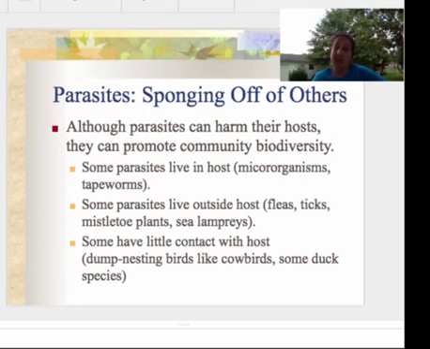Lastly, you have parasites. This is where they're going to be sponging off each other and they hurt the host. So microorganisms are one, tapeworms are another. Some parasites live outside the host: fleas, ticks, mistletoe plants, some lampreys.